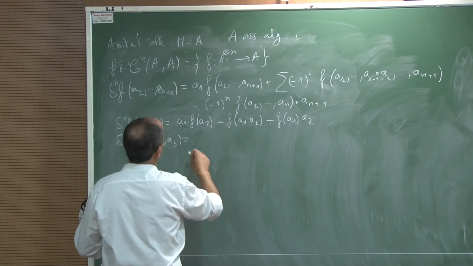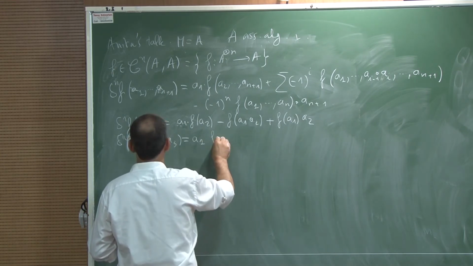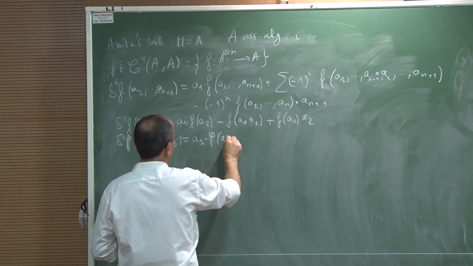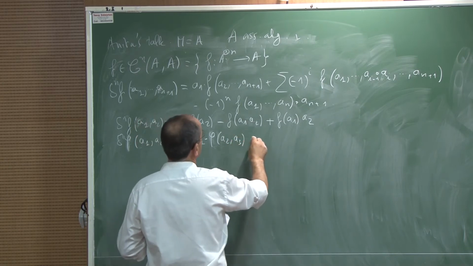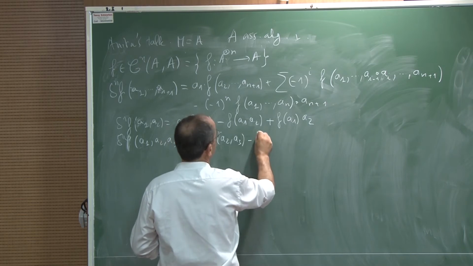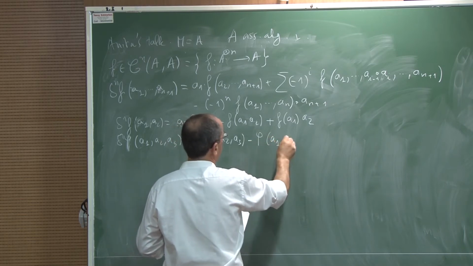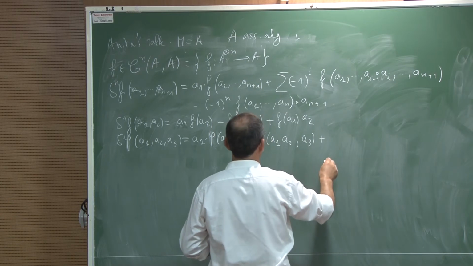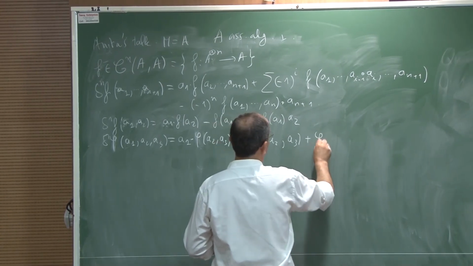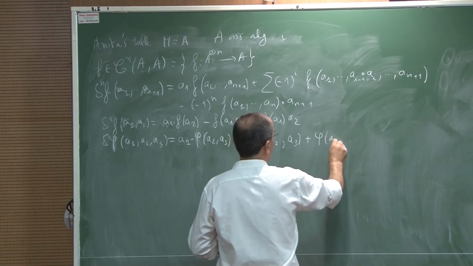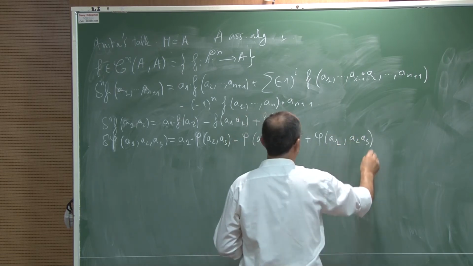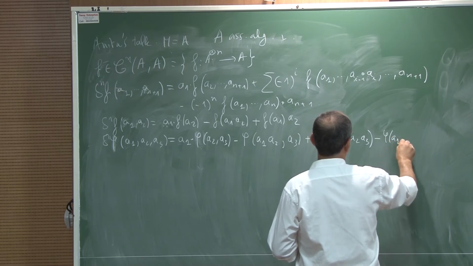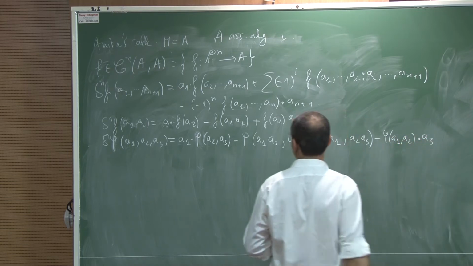And this is a1 phi(a2,a3) minus phi(a1a2,a3) plus phi(a1,a2a3) minus phi(a1,a2)a3. Okay, have this in mind.